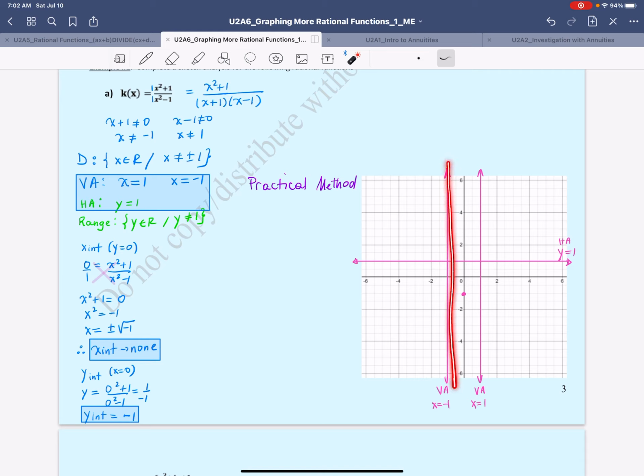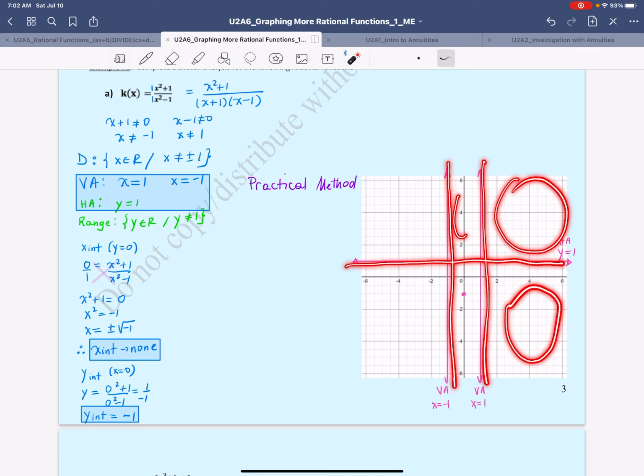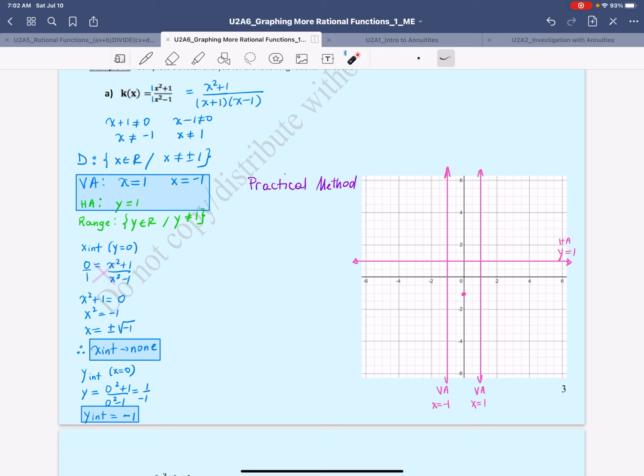So we have these two vertical asymptotes and this horizontal asymptote, and they have created the following sections on the Cartesian plane. And for each part of the domain, remember that the domain is cut off by the vertical asymptotes. For each part of the domain, we'll see the graph appearing.